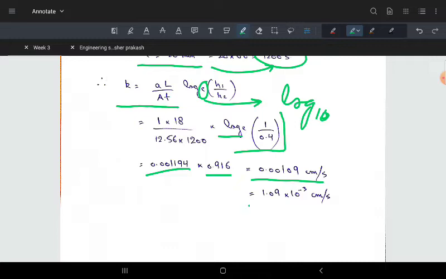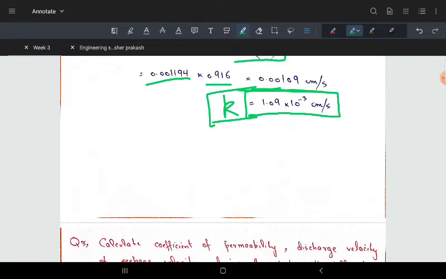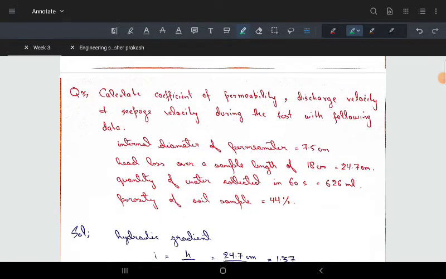We can present it in a different way: 1.09 into 10 raised to minus 3 centimeter per second. So this was K for the variable head permeability test. This was the second question. Let's move on to another question.